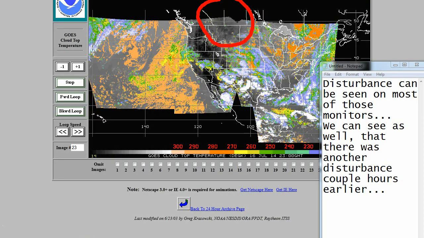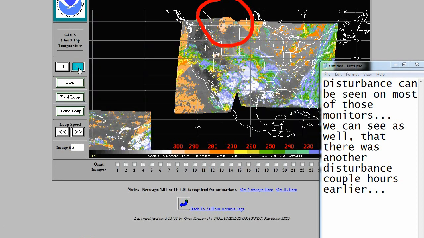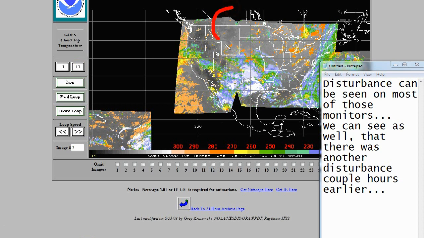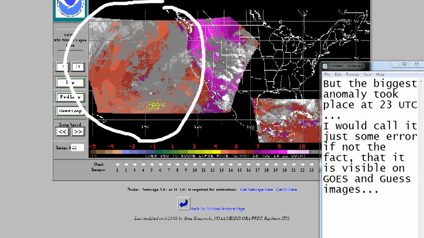We can see as well that there was another disturbance a couple hours earlier. But the biggest anomaly took place at 23 UTC.